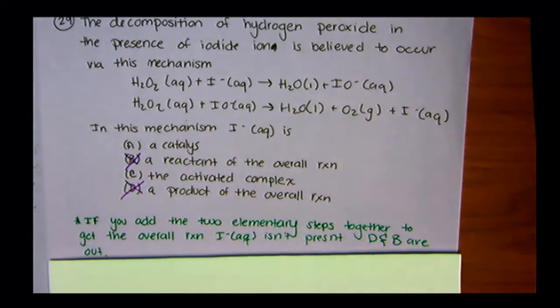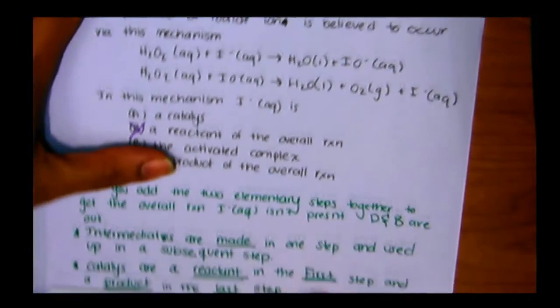But in case you didn't, we are going to define how to determine an intermediate versus a catalyst. Intermediates are made in one step and used in any subsequent step after. So if you see it made once and then used in the next step, you have an intermediate. And neither of them appear in your overall reaction, first and foremost.